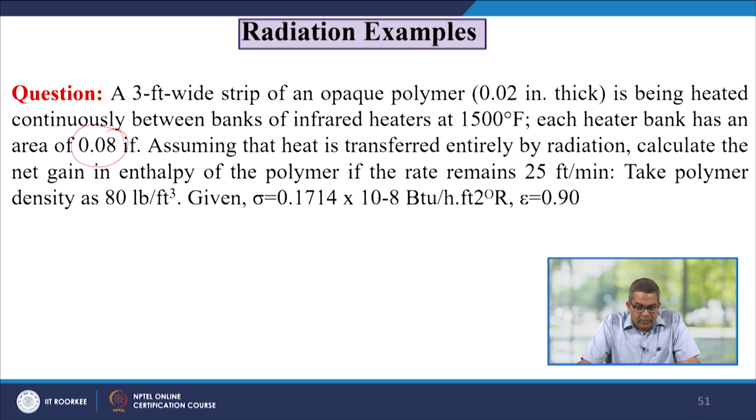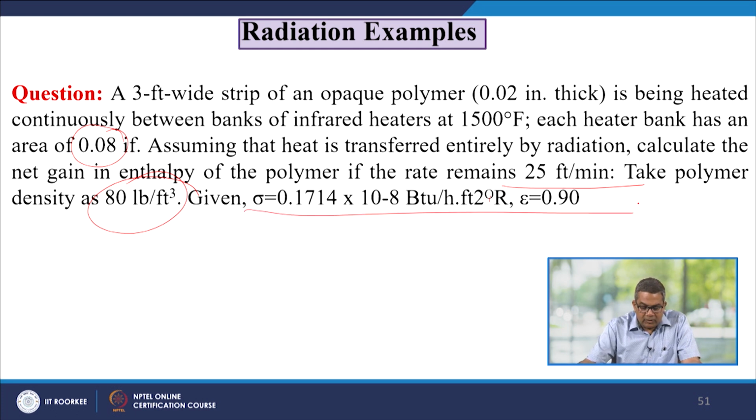Assuming that the heat is transferred entirely by radiation, calculate the net gain in enthalpy of the polymer if the rate remains 25 feet per minute, and we can take the polymer density as 80 pounds per cubic feet. It is given that small sigma is equal to 0.1714 into 10 to the power minus 8, and emissivity is given as 0.9.